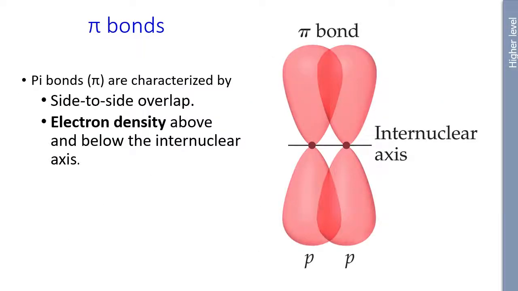A pi bond, however, is characterized by side-to-side overlap of the p orbital lobes, with electron density above and below this internuclear axis.